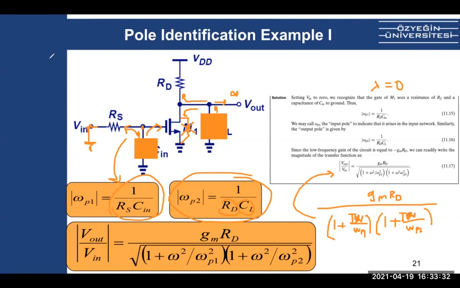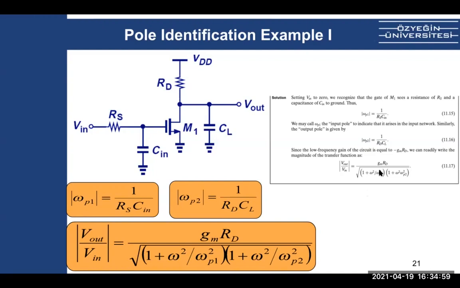So when there are two poles, one pole and second pole, this is the absolute value of that because it's 1 and j terms. This is how you can write the transfer function between V in and V out. And if you plot the gain, gm RD, first pole, second pole, this is how you can plot it. So any questions here?